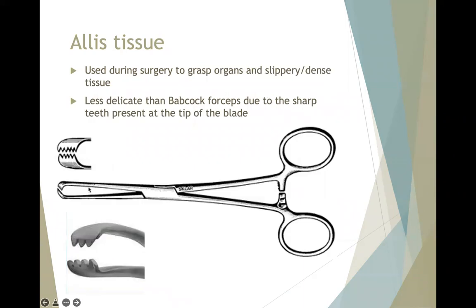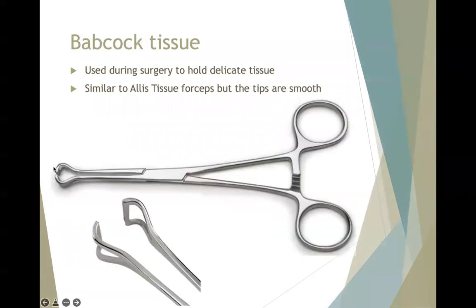It's not jagged like the Allis, looking like the teeth. It is smooth. So that being said, we can use our Babcock tissue forceps when we are holding delicate tissues within the body. They're not going to disrupt these tissues or cause them to fray as easily. Definitely the preferred if we're dealing with something that is rather delicate.